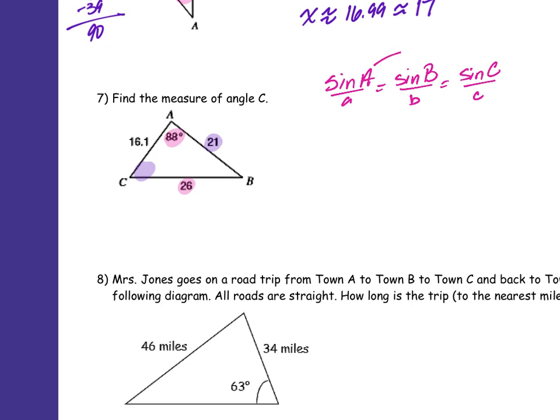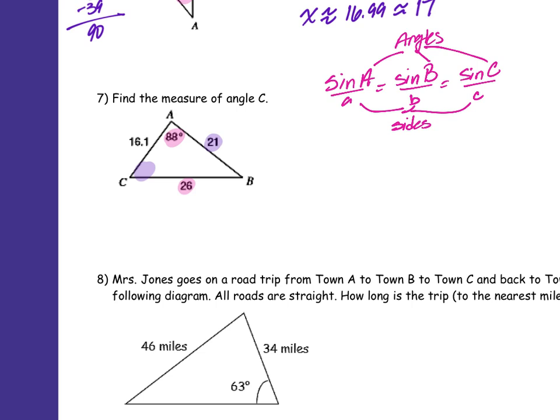So these are the angles, and these are the sides. Okay? Little letters are the sides, big letters are the angles. So how do I know which ones to choose? It doesn't really matter.